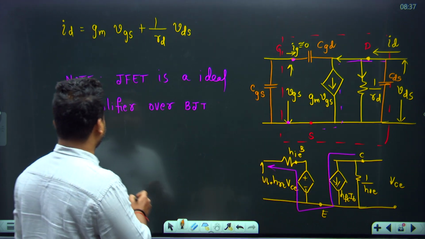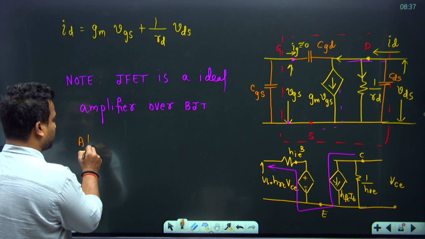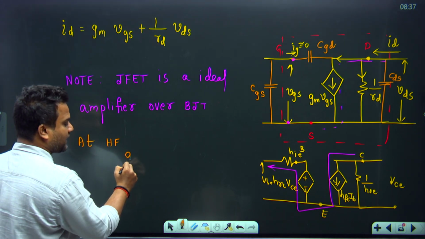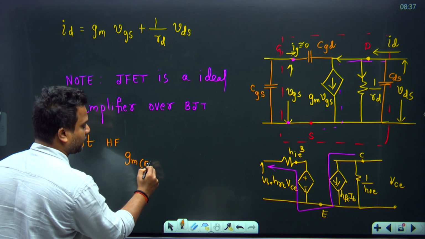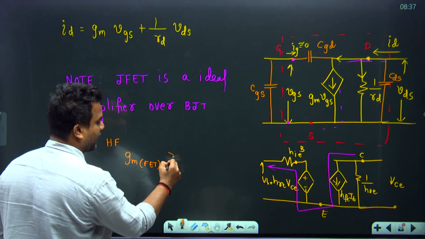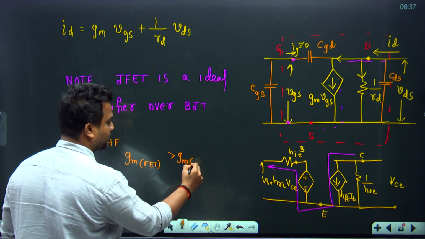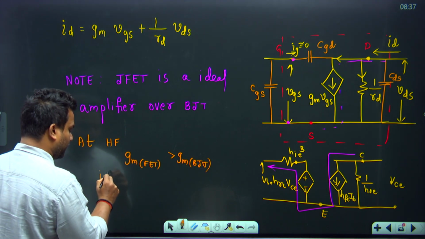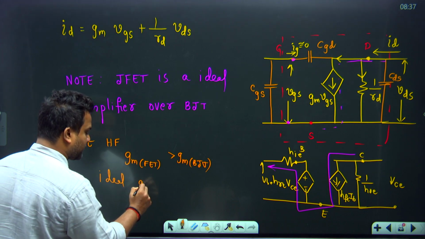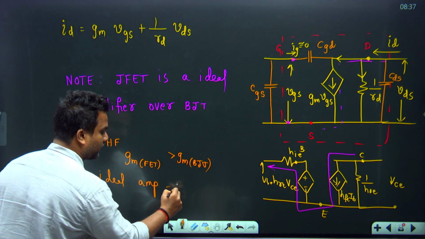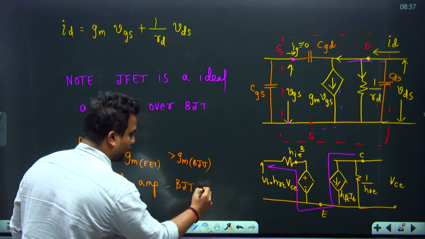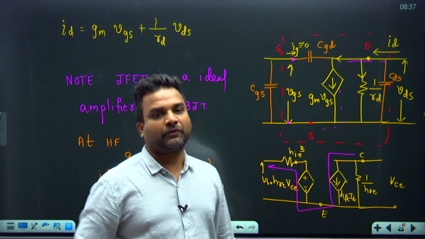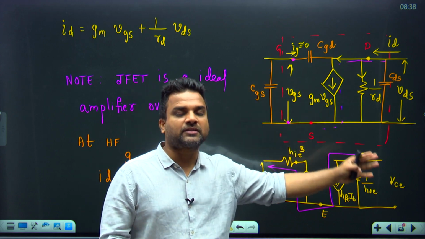So we repeat, at high frequency applications, as GM of BJT is greater than GM of FET, we say the ideal amplifier is the BJT amplifier only, not the FET amplifier, because its transconductance is less.